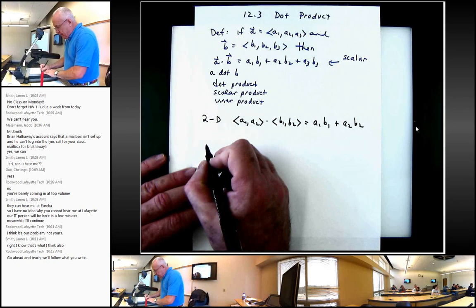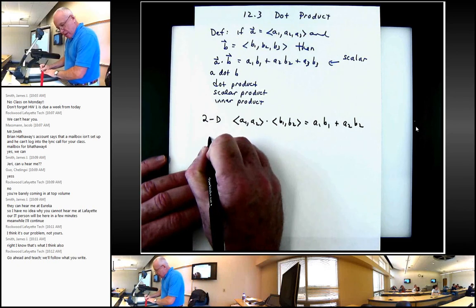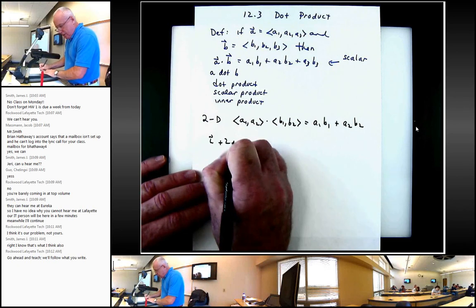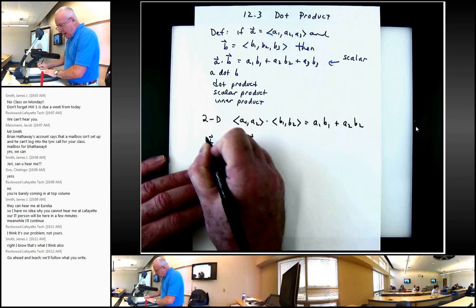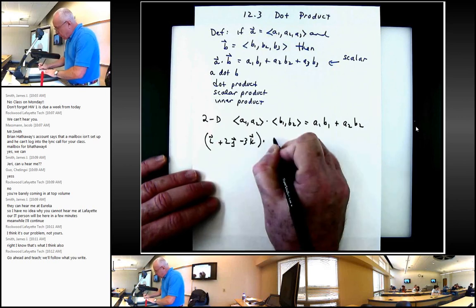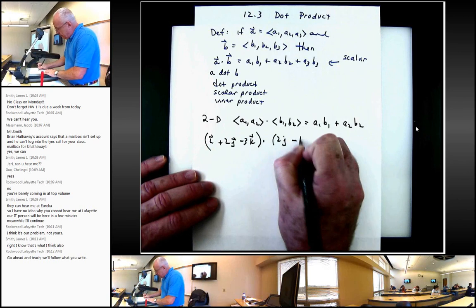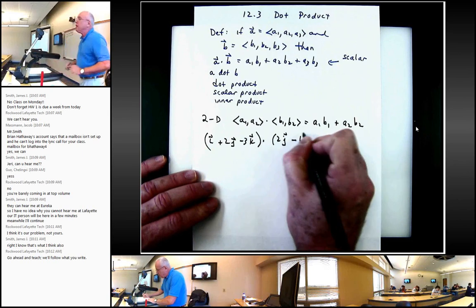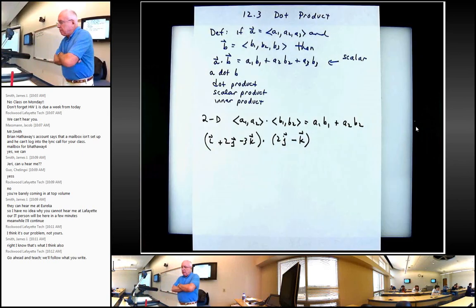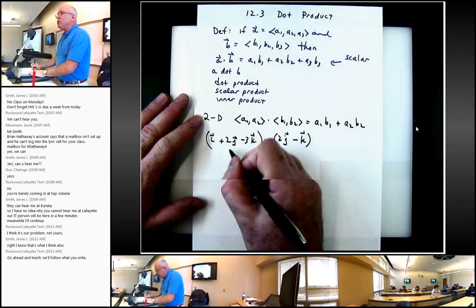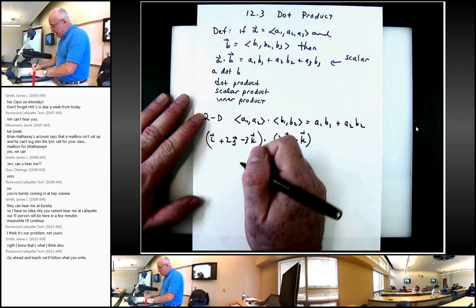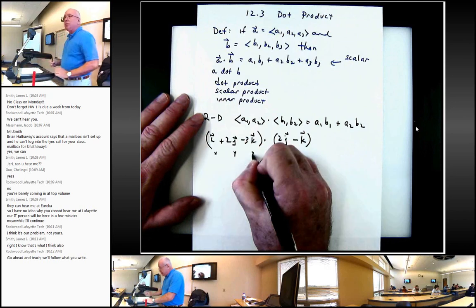Let's say we have this vector i plus 2j minus 3k, and we're going to dot that with 2j minus k. Now, remember what this i, j, and k means. These are those unit vectors going in the x, y, and z direction.